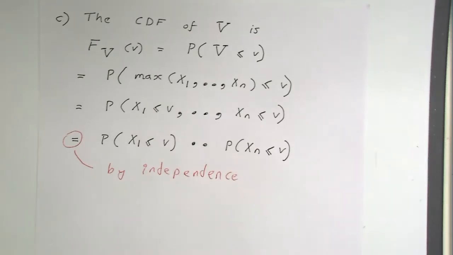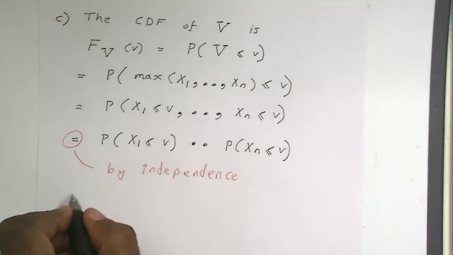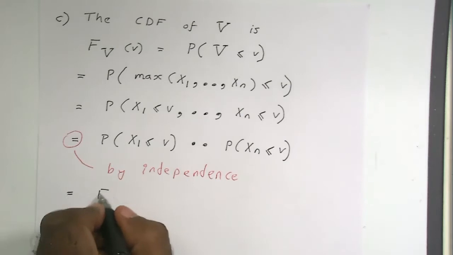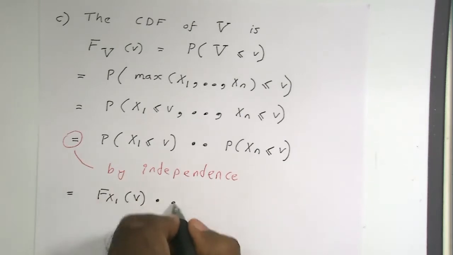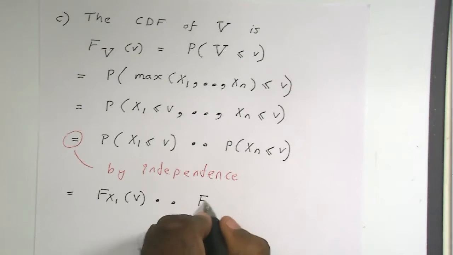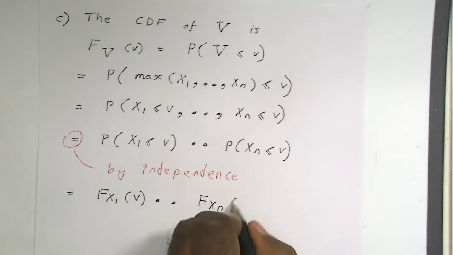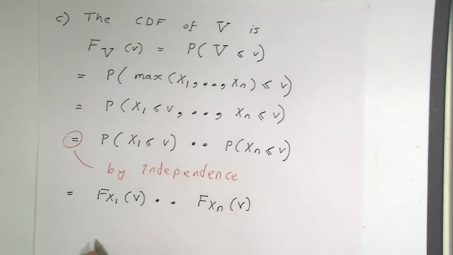Right. Now this you can write as F x1 at v, and so on, and this you can write as F xn at v. Right, and this you can write as F x at v power n.